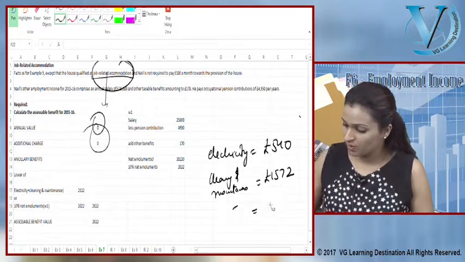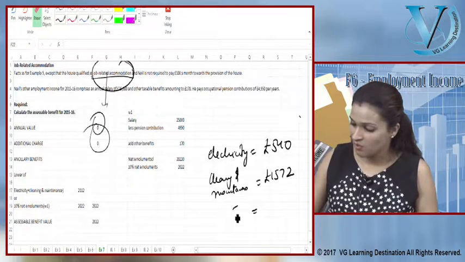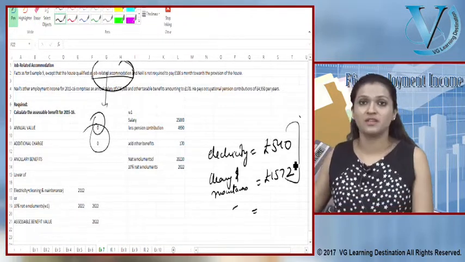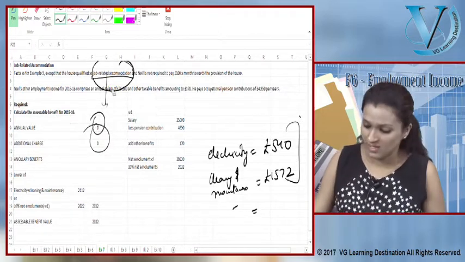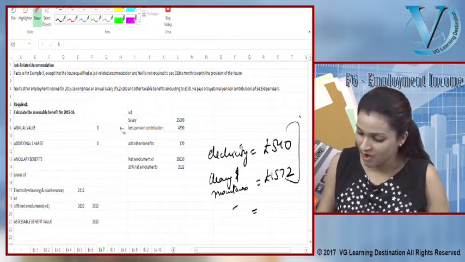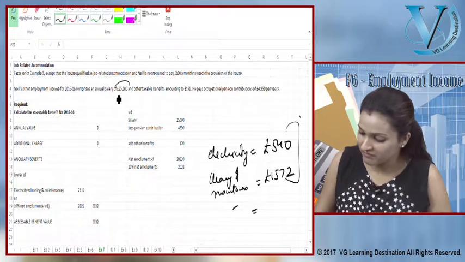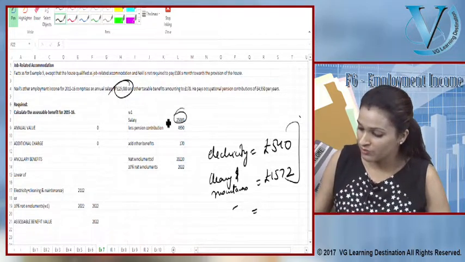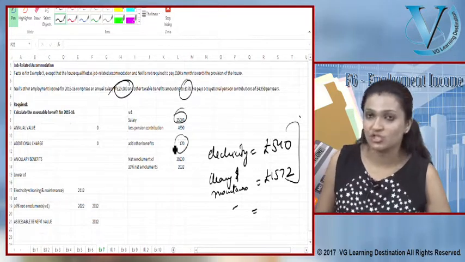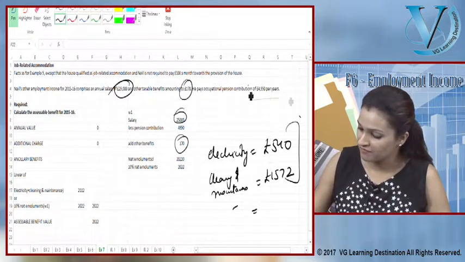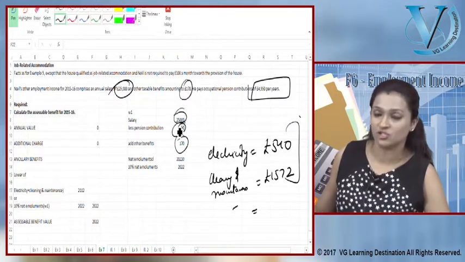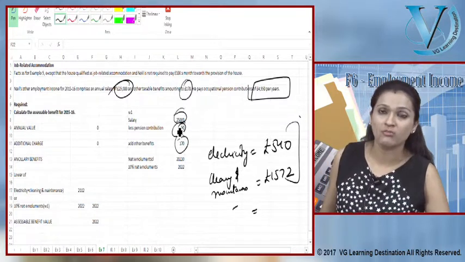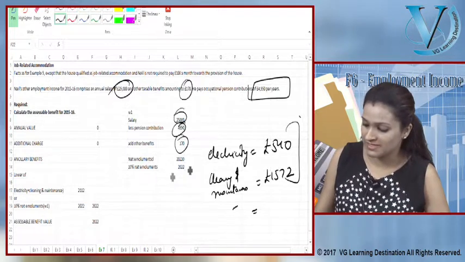So what do we do? We know these two benefits. This is the value. We are going to take the lower of either these two values or 10% of the net emoluments, which is given to us in the question. An annual salary of 25,000 is there. Other taxable benefits amounting to 170 is there. Pension contribution is 4950. You first reduce your pension contribution, add your other benefits, find out the total net emoluments, find out 10% of these net emoluments.